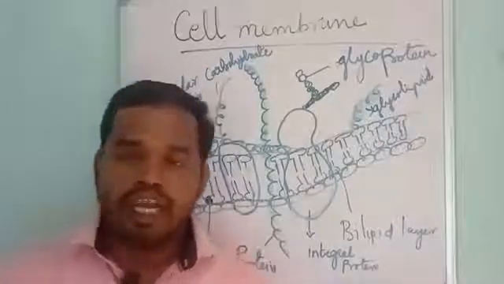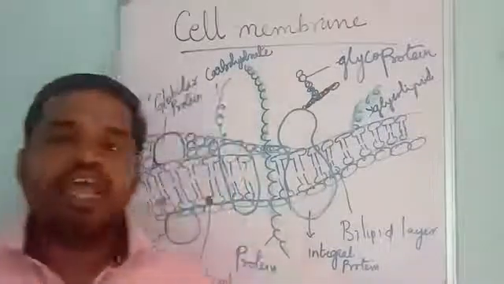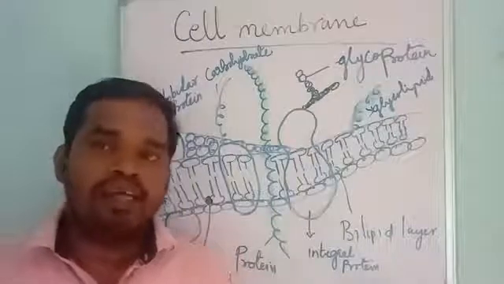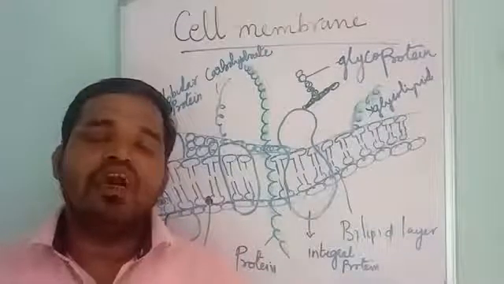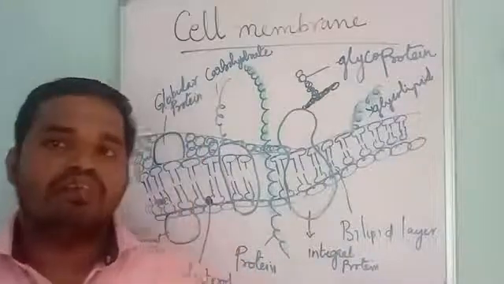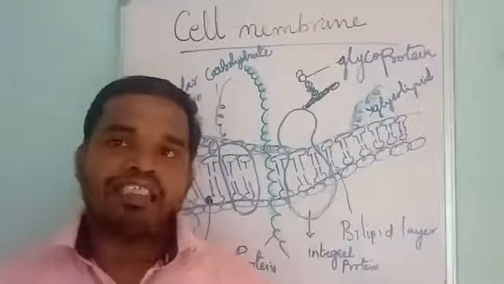Endocytosis and exocytosis. What are endocytosis and exocytosis? In endocytosis, once the molecules bind with the cell membrane, the membrane folds and makes a vesicle. After the vesicle forms, it sends the vesicle into the cytoplasm as a vacuole.